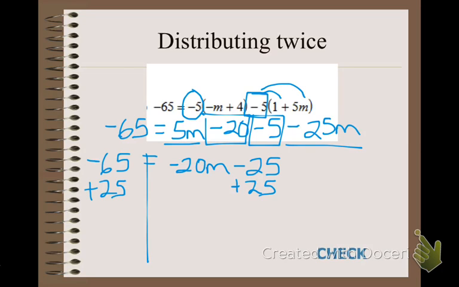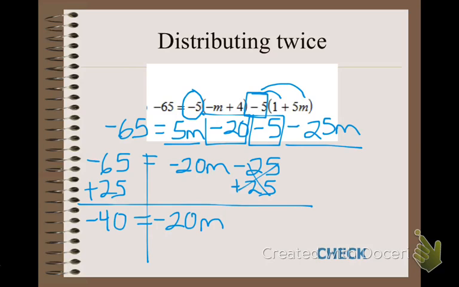I'm going to add 25 to both sides. However, with a positive and a negative over here, I actually subtract. -65 plus 25, which again is actually subtraction, is -40. Now I divide by -20 on both sides to get m equals 2.